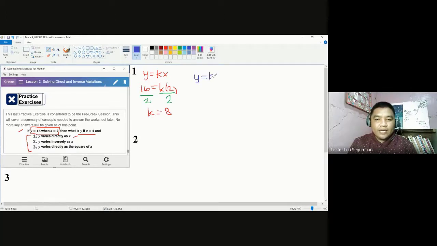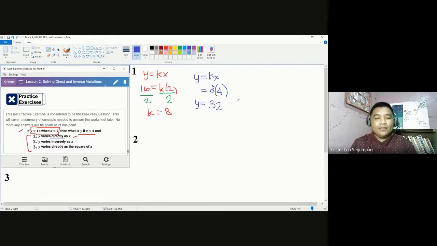Since we are still on direct variation, y is equal to kx, where k is now 8 and x is 4. With the use of the constant of proportionality, our value for y, if x is equal to 4, becomes 32. Again, what happened here is we used the value for k to solve for the unknown.